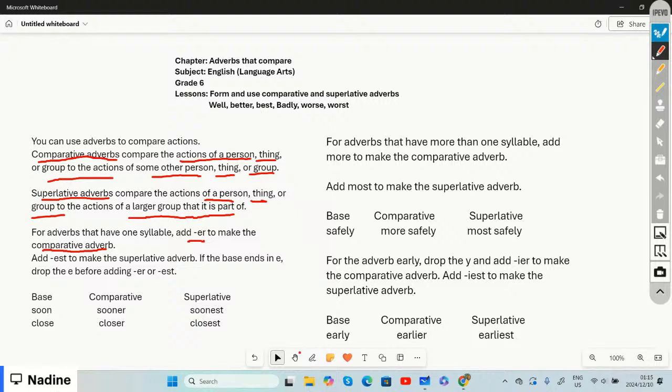And if we add est, we make the superlative adverb. So basically with a comparative adverb, we add er to make it the comparative adverb. And in order to make it the superlative adverb, we need to add est to our word.